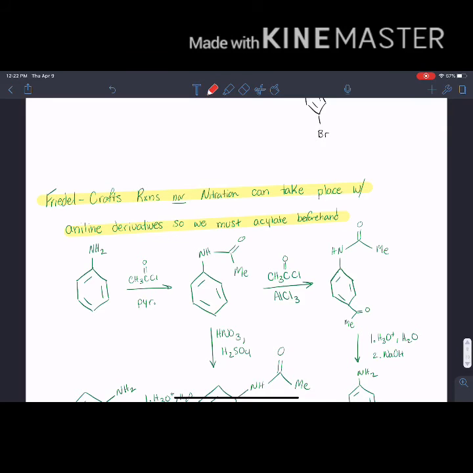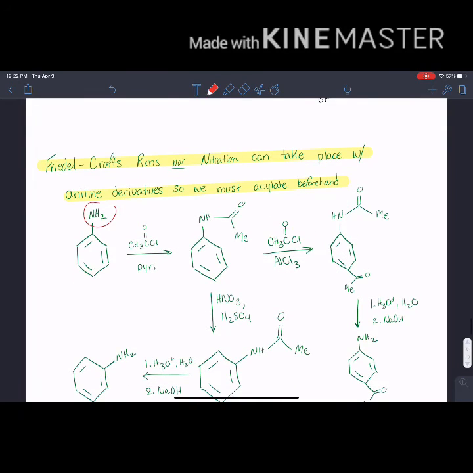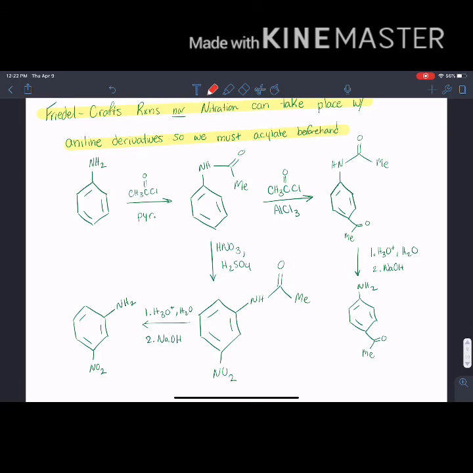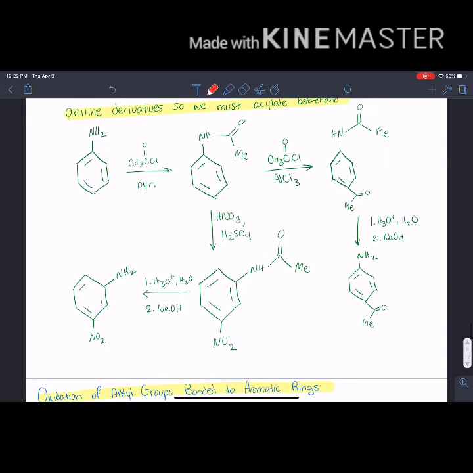This is going to be a common pattern. So whenever you see this group on your benzene, that's when you know, okay, I probably need to acylate this before I move on, okay? So you're going to use acid chloride with pyridine. Then you can go from there and add an acyl group or a nitro group, right?